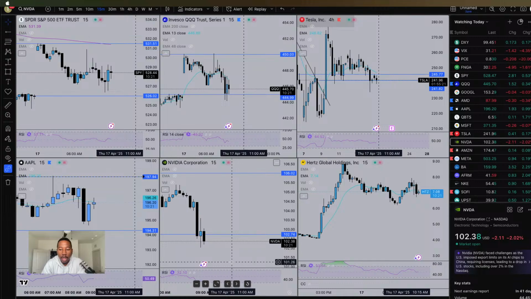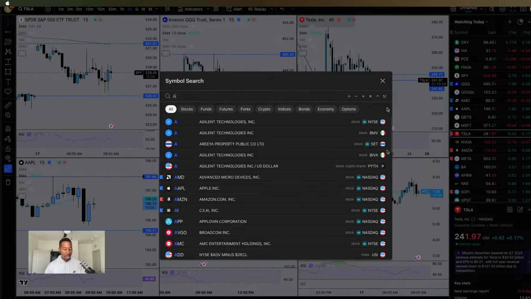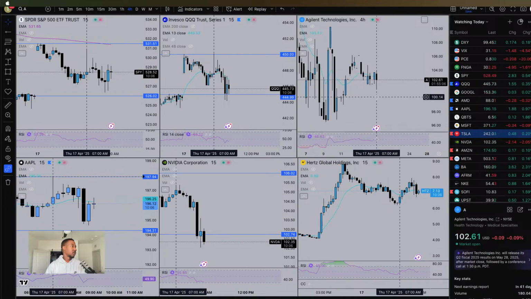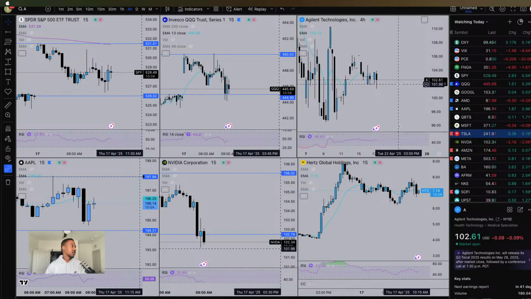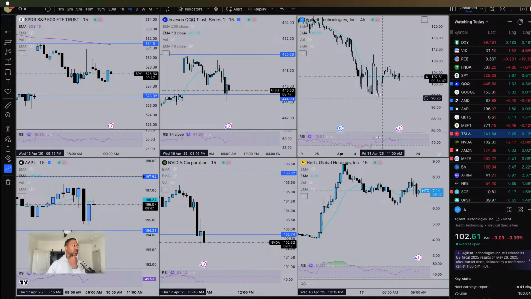If I wanted to keep an eye on it, would you look at supply, support and resistance? Support looks like it's going to be around 102. Below that it's going to be around 100. Resistance looks like it's around 104. That's all I see.